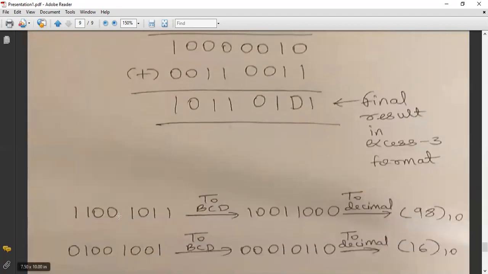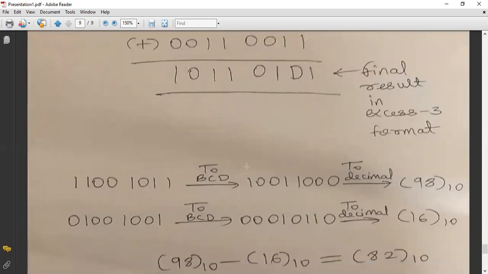We are going to write the question first. 11001011 is converted into BCD form. How is it converted? By subtracting 3 from the each digit. So its BCD conversion is 1001, and now it is again converted into its decimal form, and its decimal conversion is 98 to the base 10.